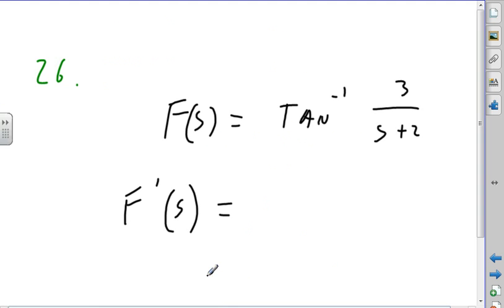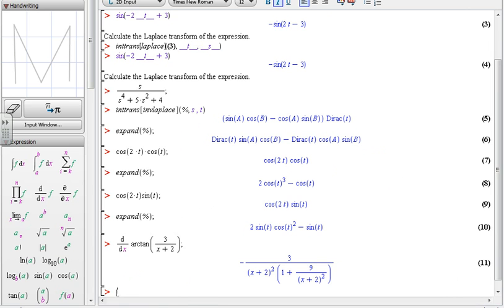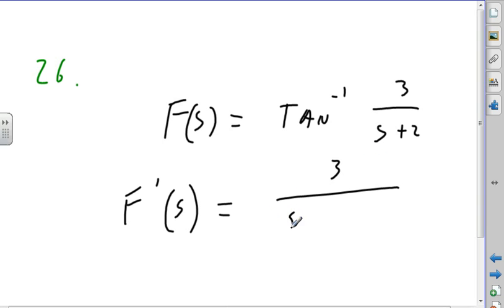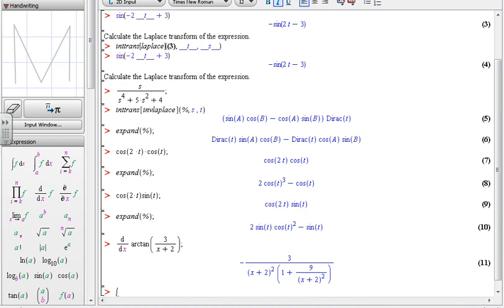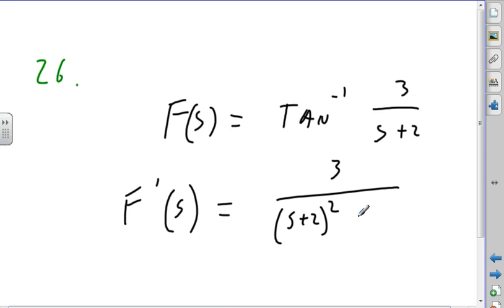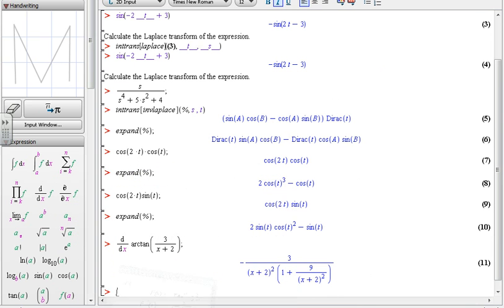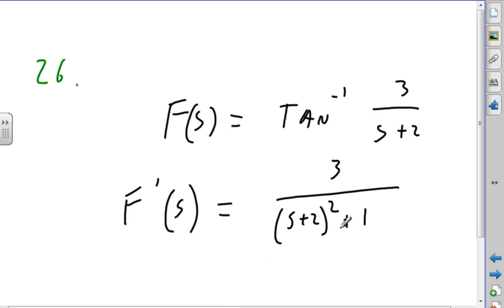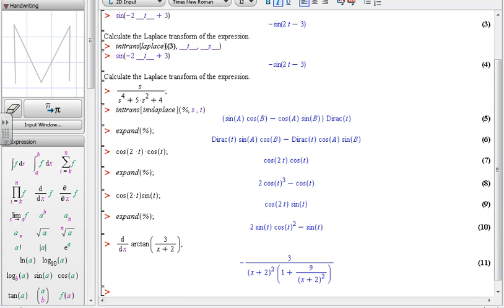Okay, so that's going to be 3 over s plus 2 squared times 1 over 1 plus 9 over s plus 2 squared.